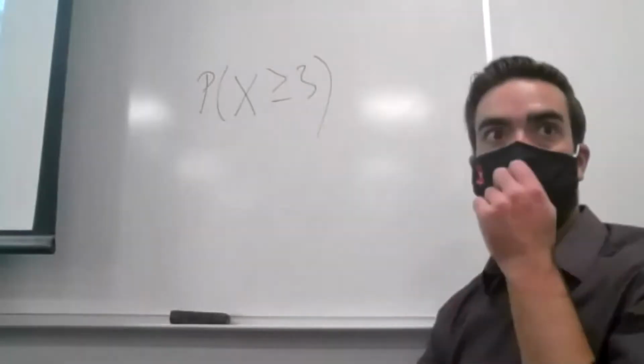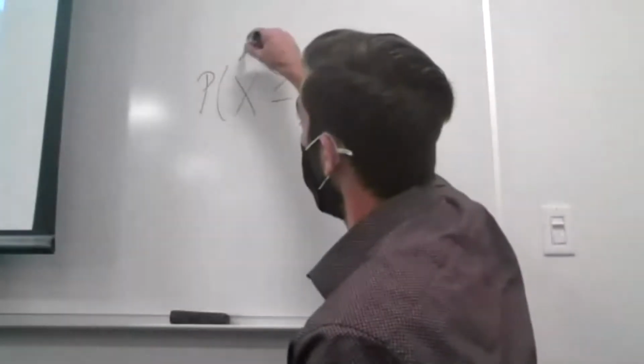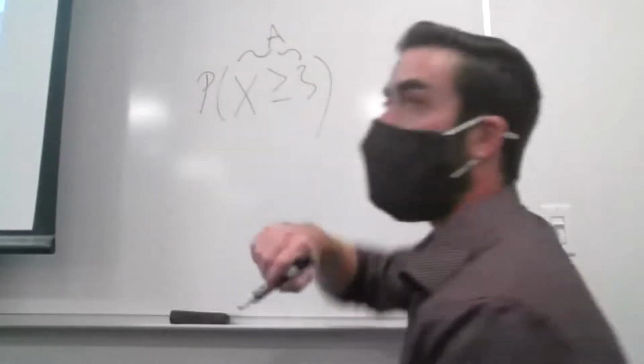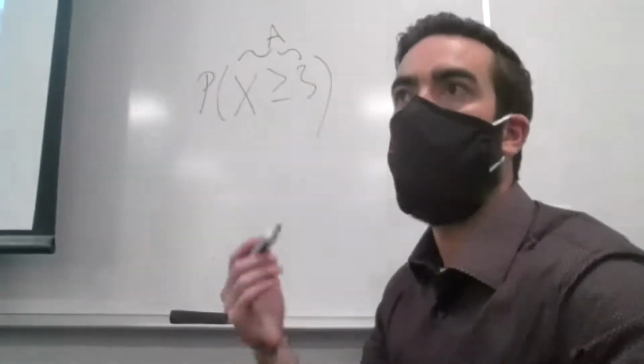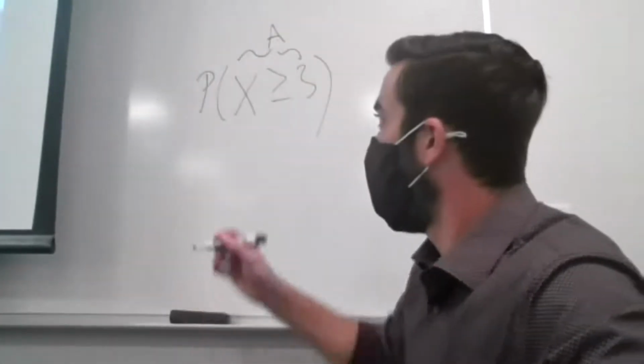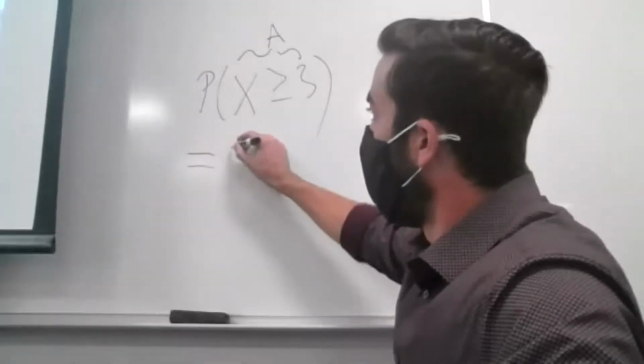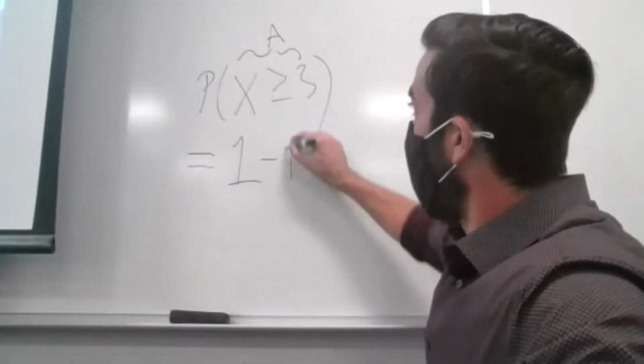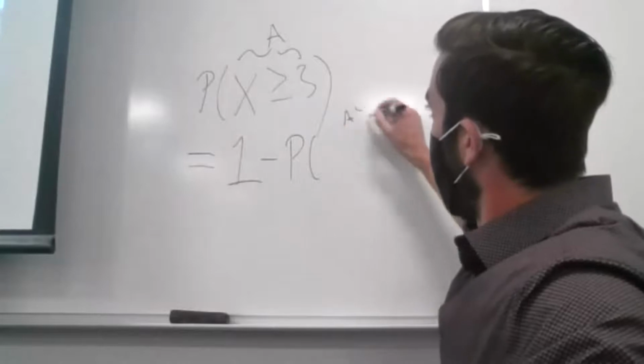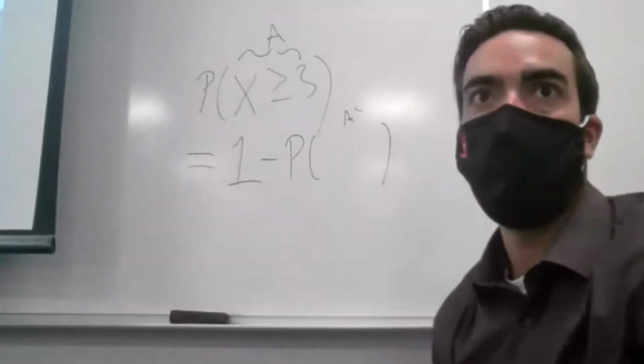Okay, so if I want the probability that x is greater than or equal to 3, I can think about this as event A. So if I want to find the probability of A, if I use my complement rule, I know that's the same as 1 minus the probability of its complement.